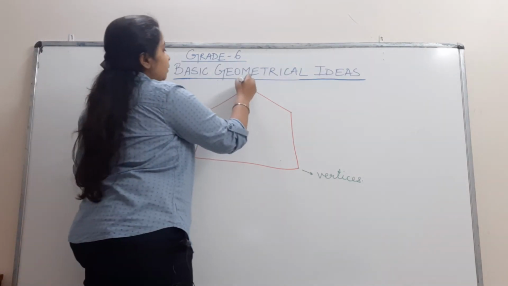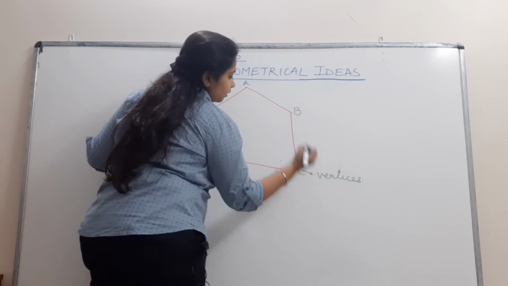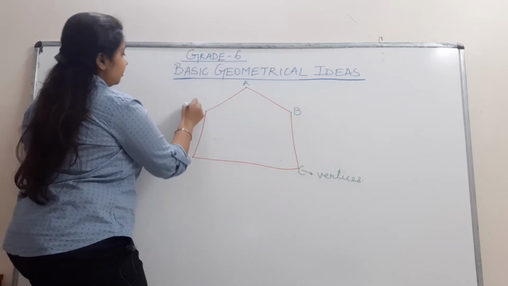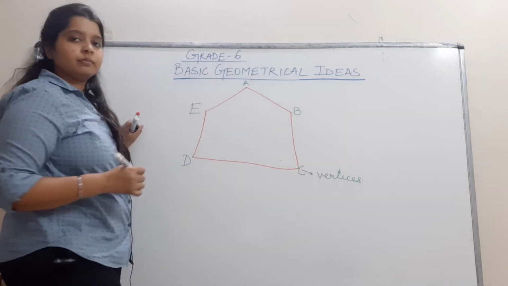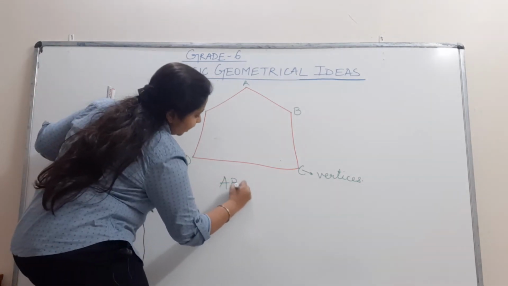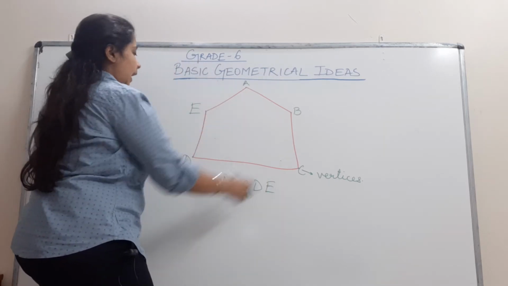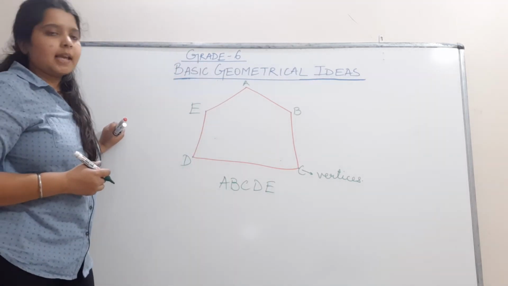So, we name all the vertices using capital letters in a cyclic manner. Okay, A, B, C, D, E. So, this is the polygon with the name ABCDE. We can name it clockwise as well as anti-clockwise.